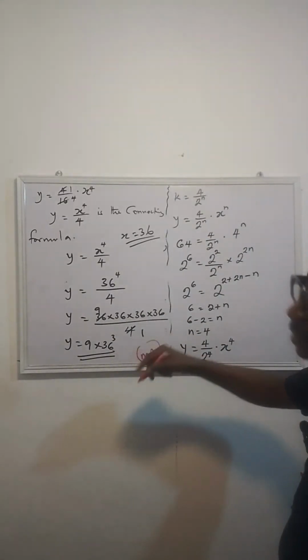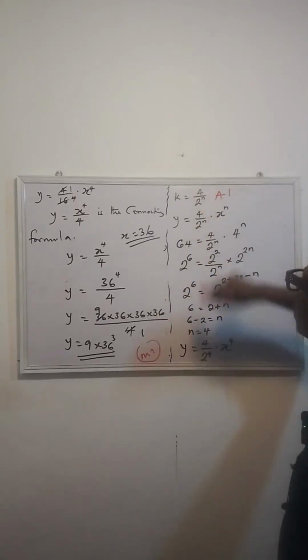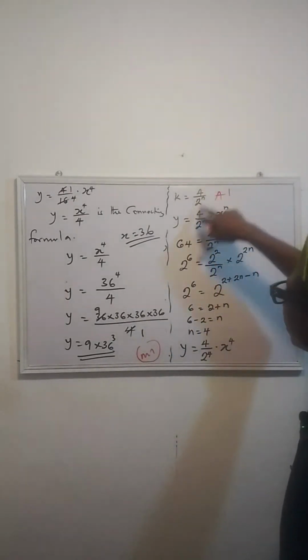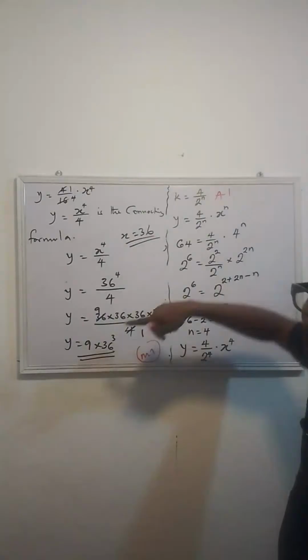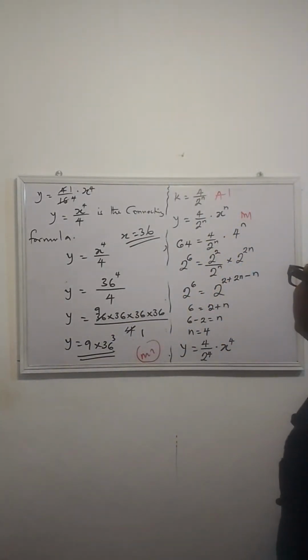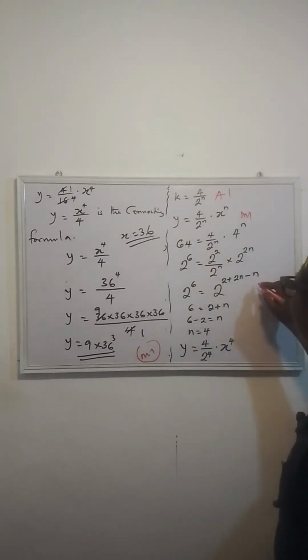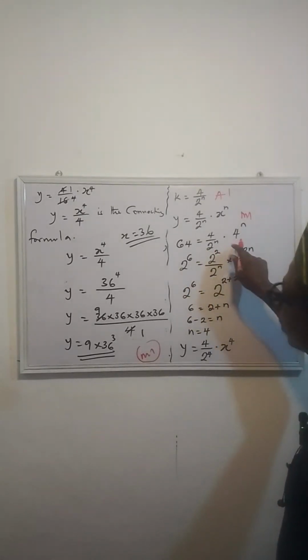For getting your constant, you have A1. For plugging your constant into the equation, you have M1. For applying the law of indices, we still have M1. Don't forget you have substituted the value of y and x here.